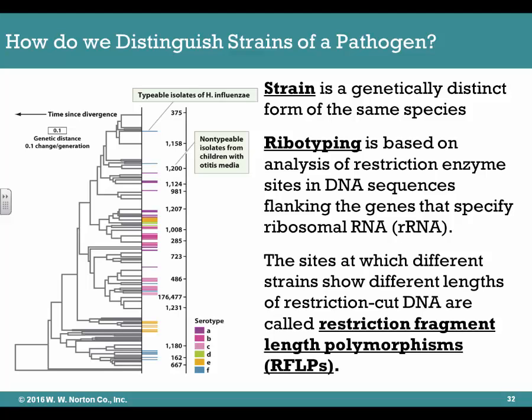Sorry, not the 5S. The 5S is too small. It's the 16S ribosomal RNA, which has a sequence within it that's long enough, but very conserved, i.e. it doesn't change much from one genus of bacterium to the next. It really helps us to classify differences.